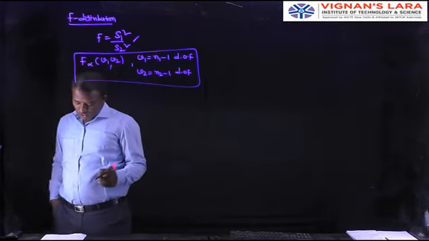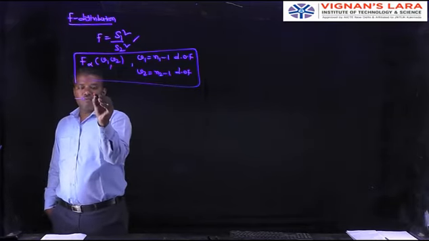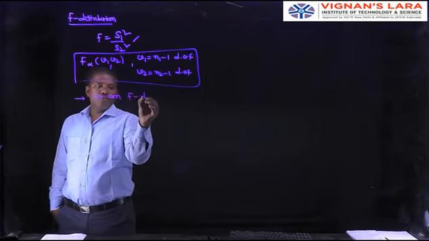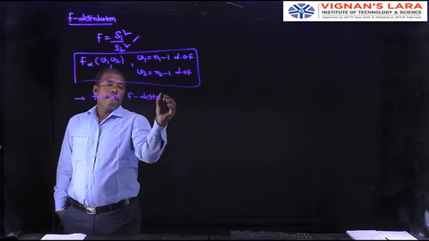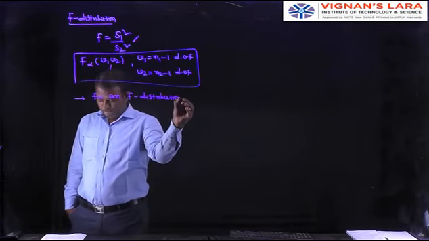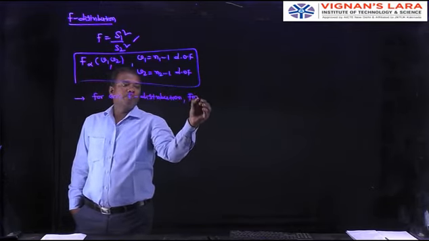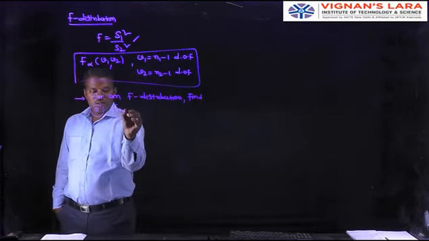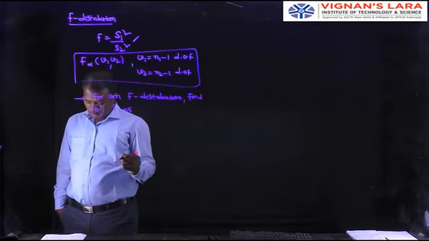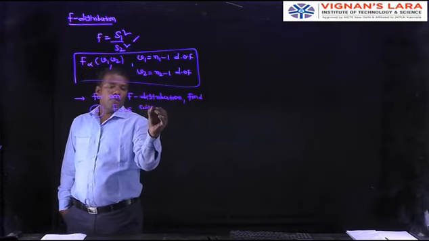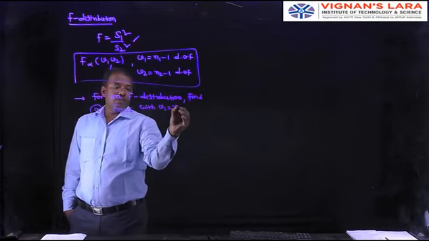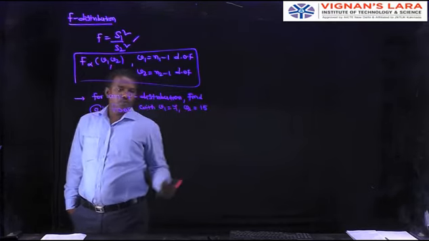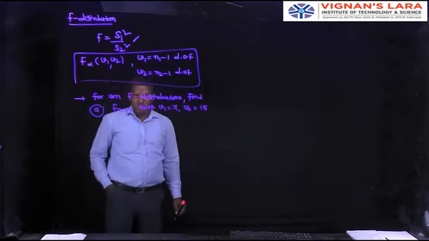Then I can explain one problem. For an F distribution, find part A, F suffix 0.05 with V1 equal to 7, V2 equal to 15.